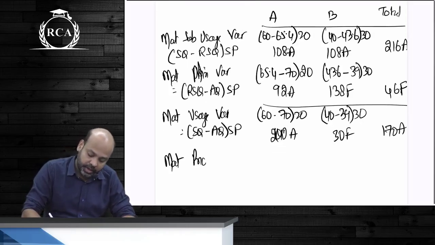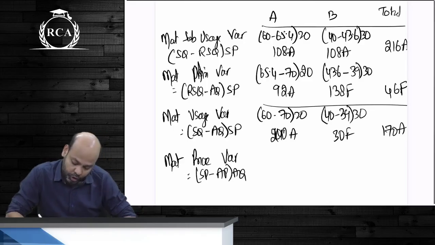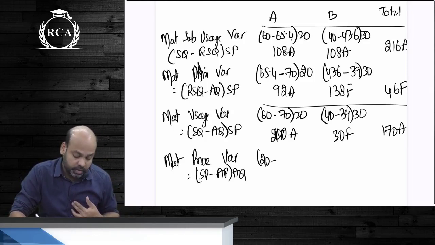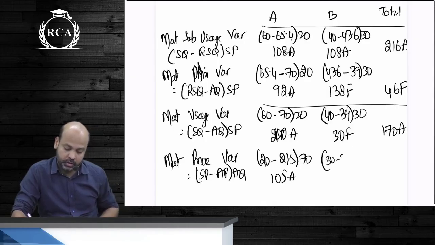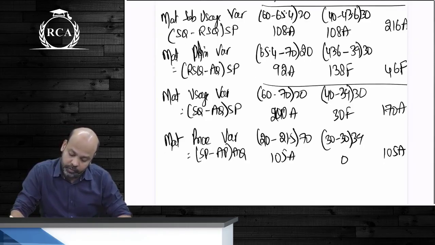Material price variance: standard price minus actual price into actual quantity. Standard price, how much is it? 20 minus 21.5 into 70, 105 adverse. For the second, zero. Total 275 adverse, already given in the question.